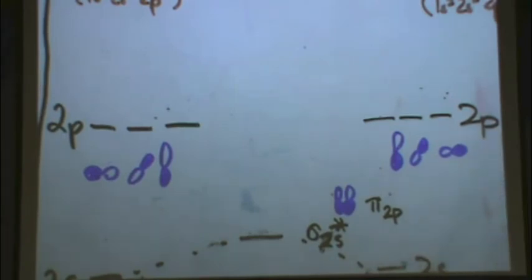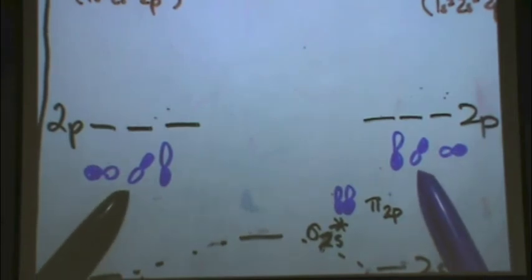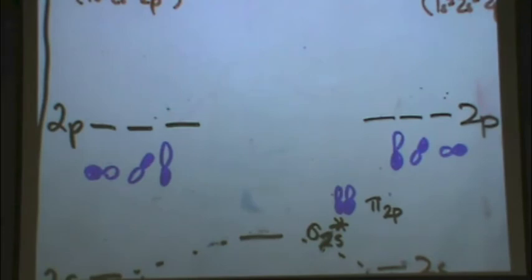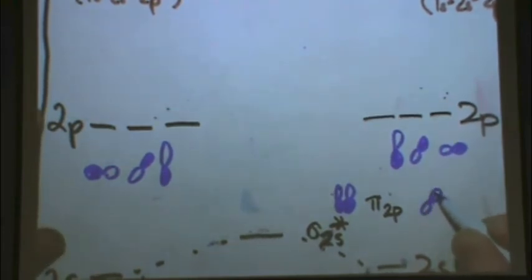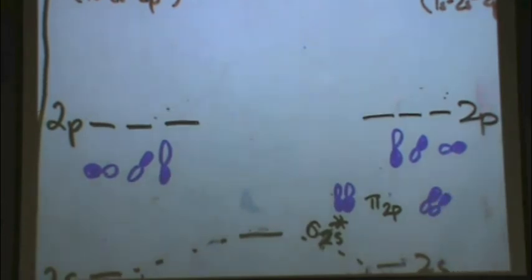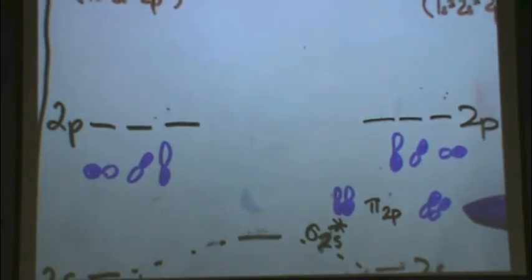Now notice what happens. I'm going to draw these two, the two middle ones, together now. I'll draw it here to the right. Forward and backward is what this one is, going in and out of the board. Would that be a sigma or pi? And I'm talking about this one right there.